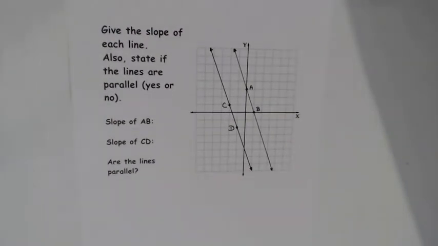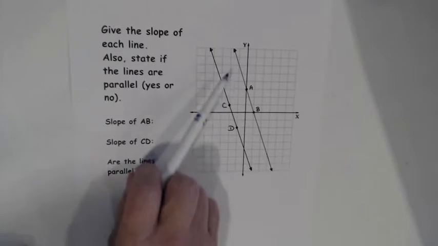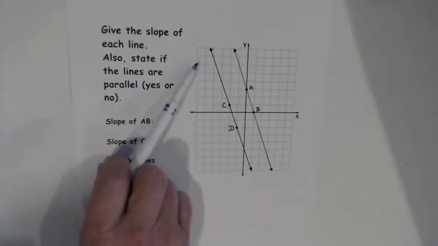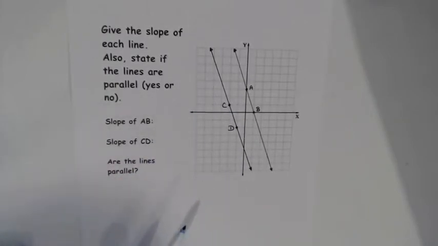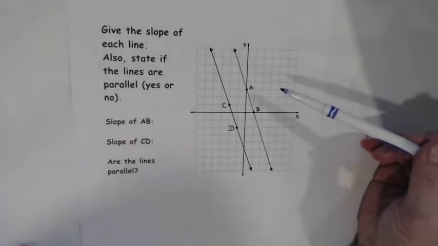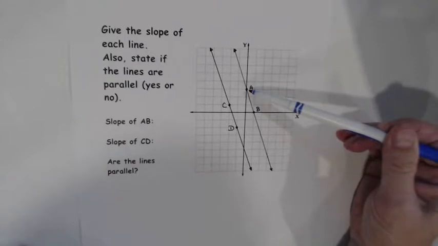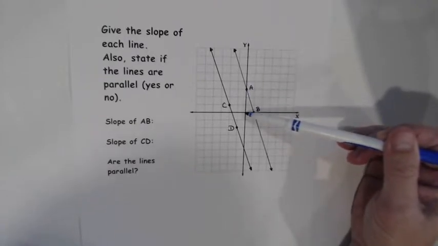In this example right here, I need to figure out what the slope is for each one of these. I need to figure out what the slope is for line AB, and I need to figure out what the slope is for line CD. So I'm going to start counting. Doesn't matter which point I start at. I'm going to start at A, and I'm going to go down 1, 2, 3.